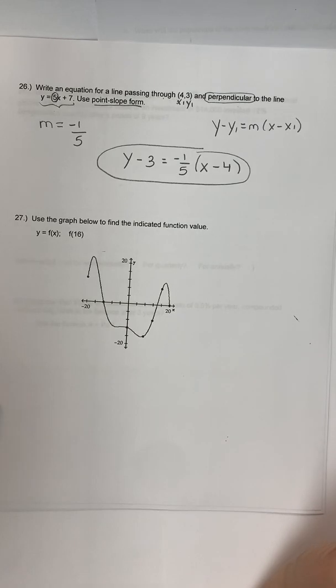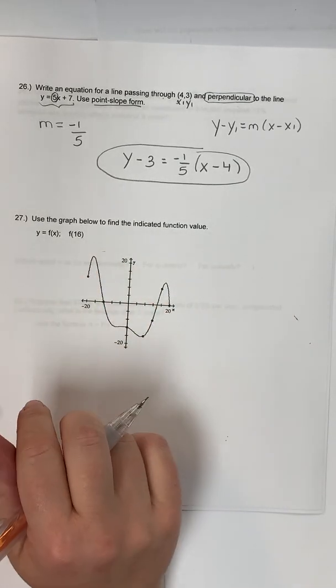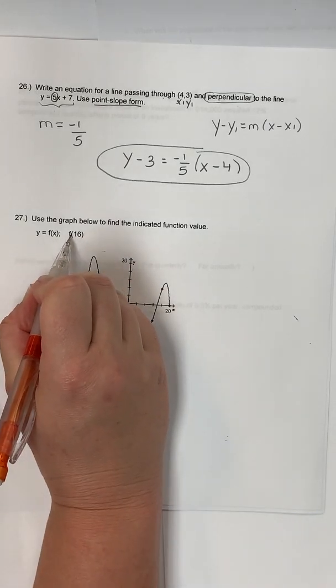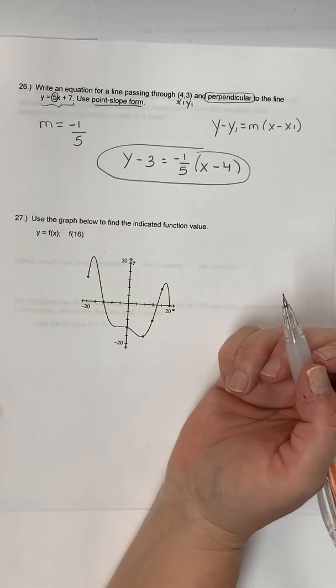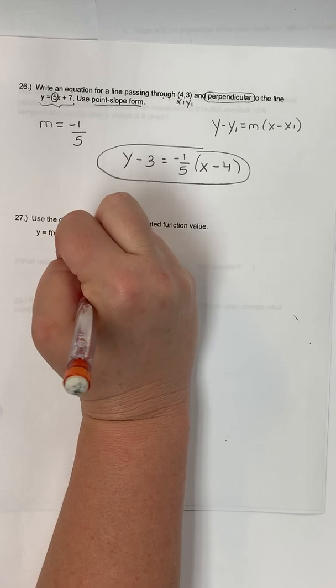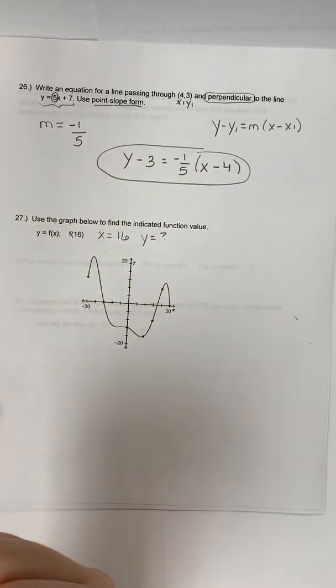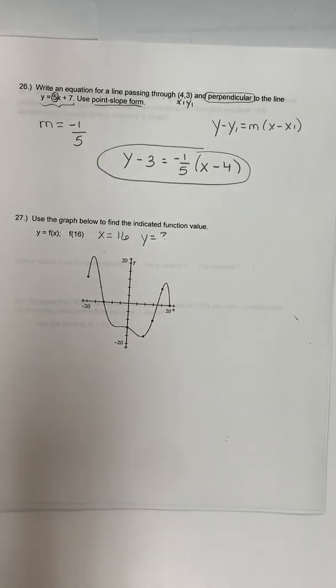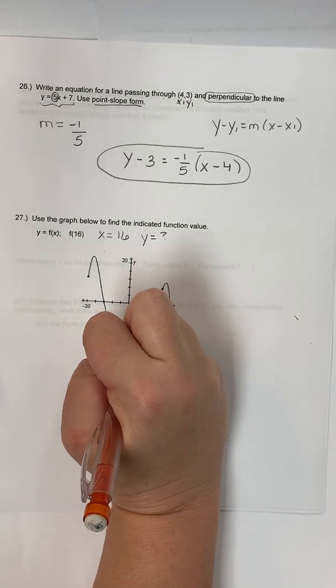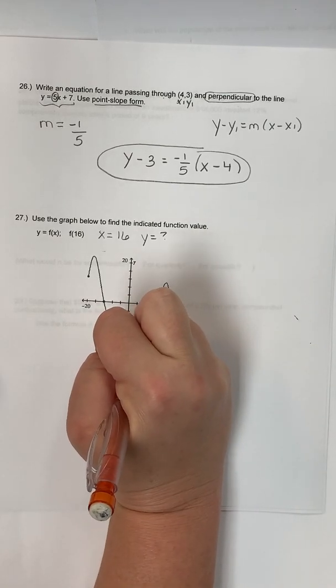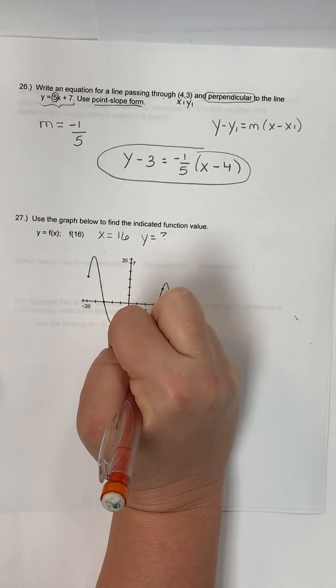Okay, 27 says use the graph to find the indicated function value. So you're going to have a little graph. This wants you to find f of 16. So remember, this means x is 16. What is y? That's what that means. Okay, so this picture, unfortunately, doesn't have tick marks of 1. It has tick marks of 4.